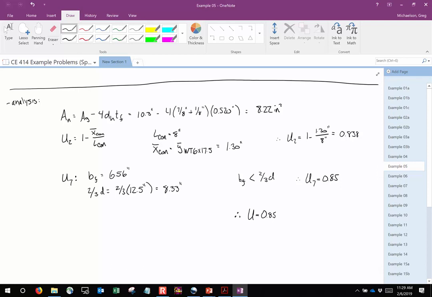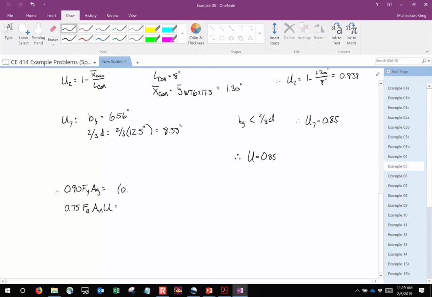In order to determine which limit state governs, I'm going to compute both of them. So what we're going to have is 0.9 FY AG. Then we're going to have 0.75 FU ANU.